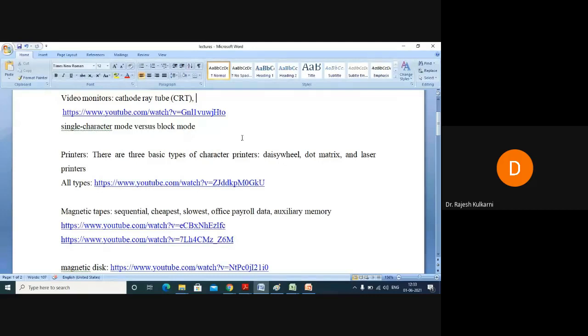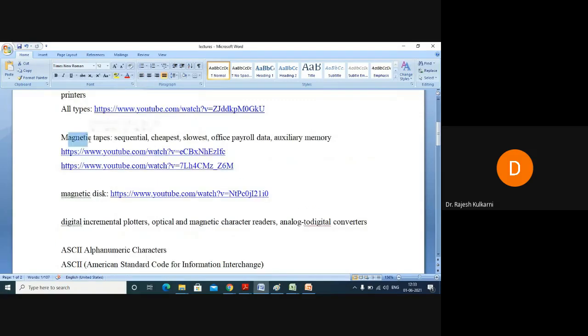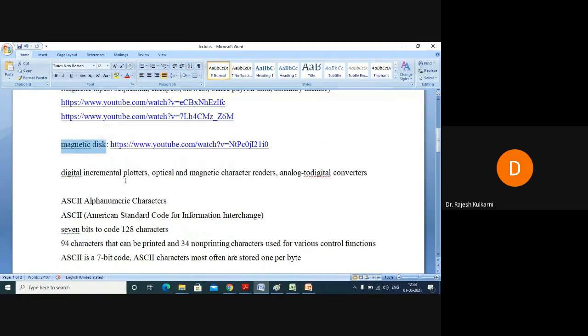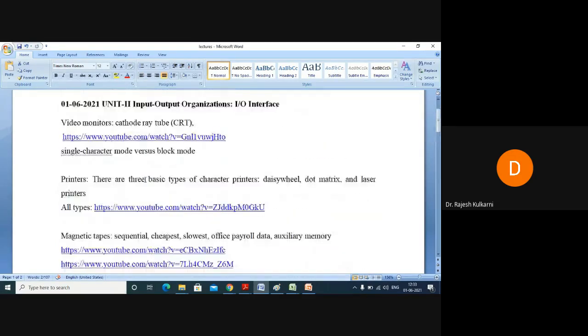Basically we'll be discussing the monitors, the printers, the magnetic tapes, magnetic discs. All these you pretty well know are input-output devices, and all these devices are also called peripheral devices.